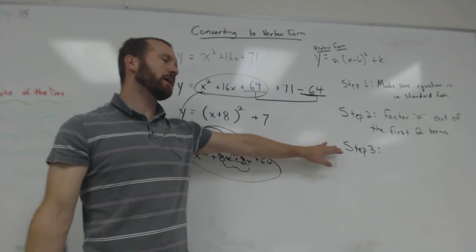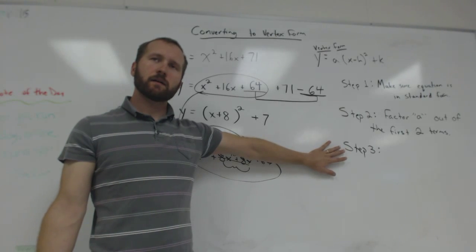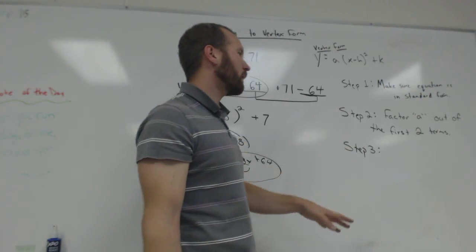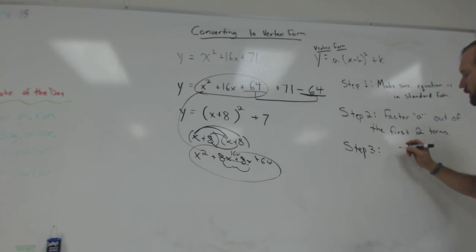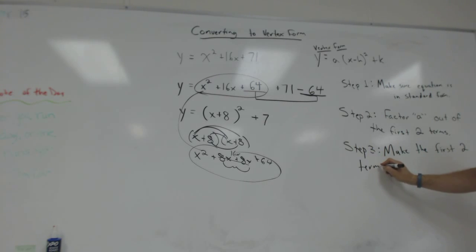And this step I'm going to simplify because we've done completing the square before, but you may want to write a little bit more in your own notes. So I'm just going to say make the first 2 terms a perfect square by adding a constant.